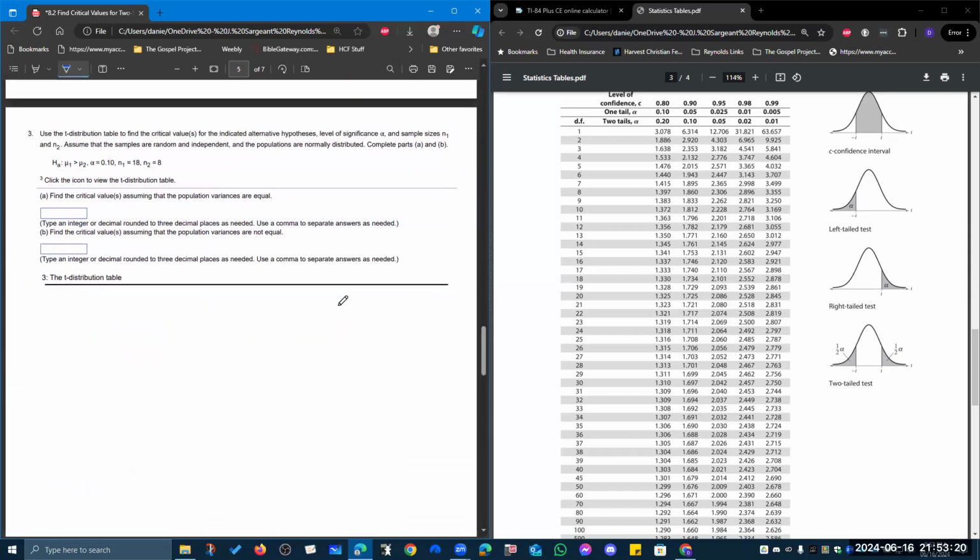And then third and final problem, going one tail to the right, 10%. So we are in this first column here. And n is 18 for n1, and n is 8 for n2.